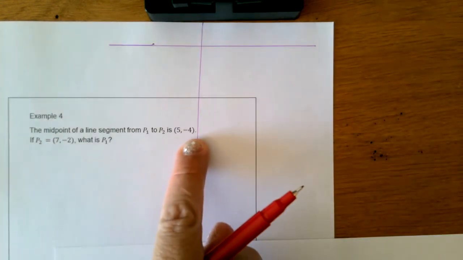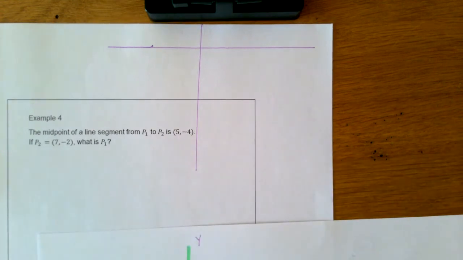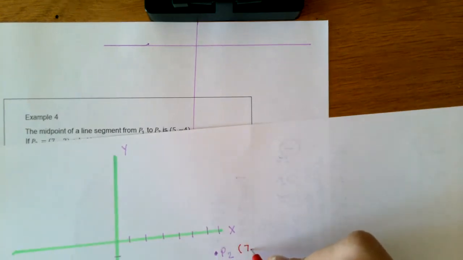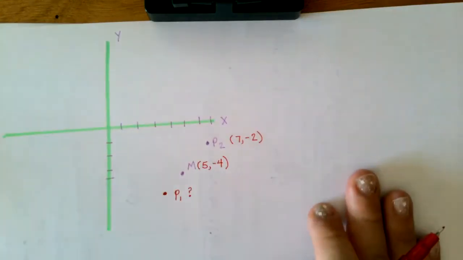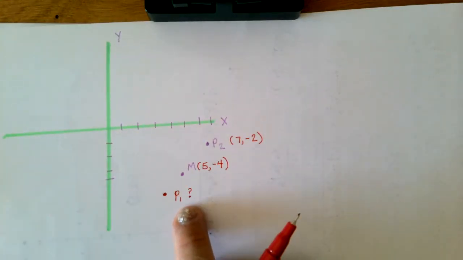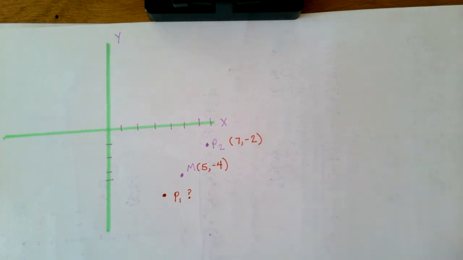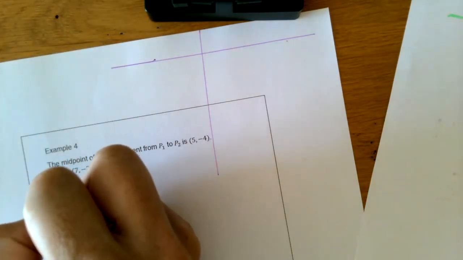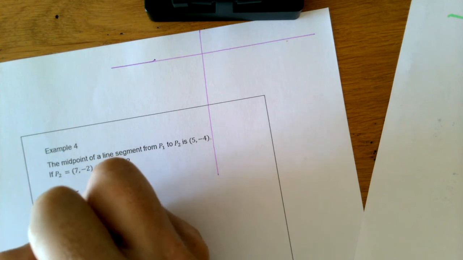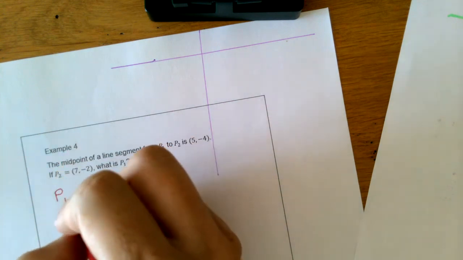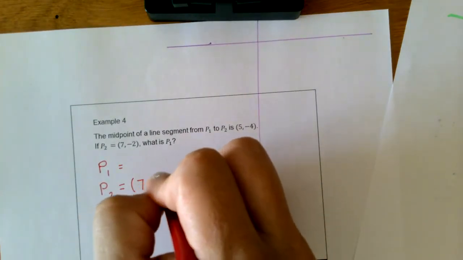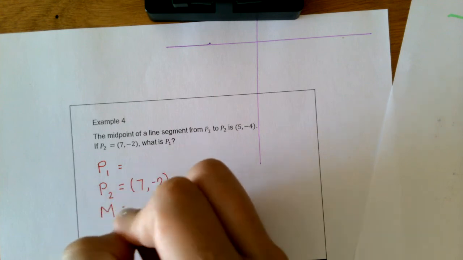The midpoint from P1 to P2 is 5, -4. P2 is 7, -2. What is P1? So I need P1. I have P2. I have the midpoint.